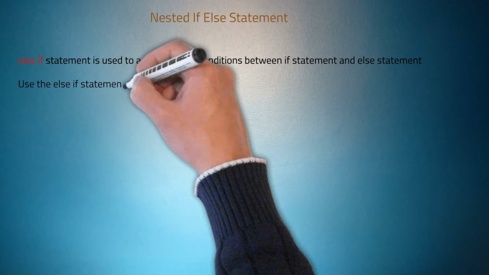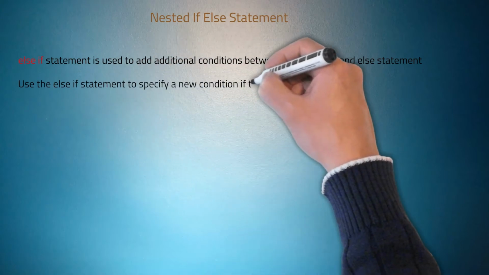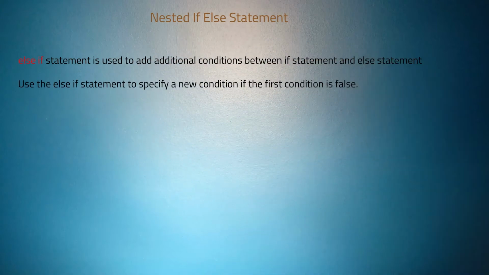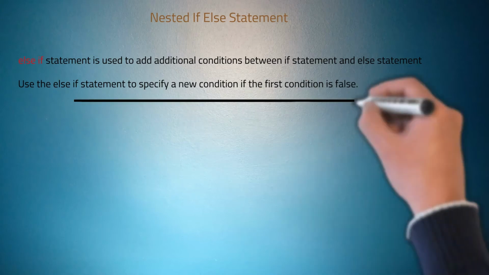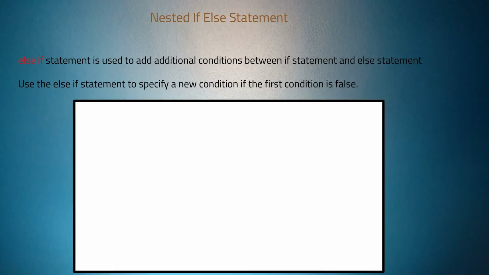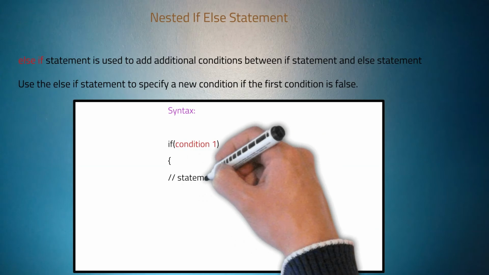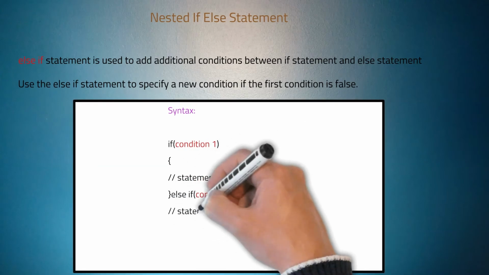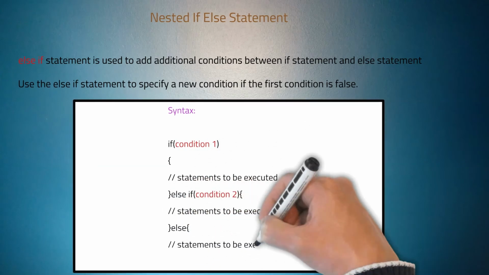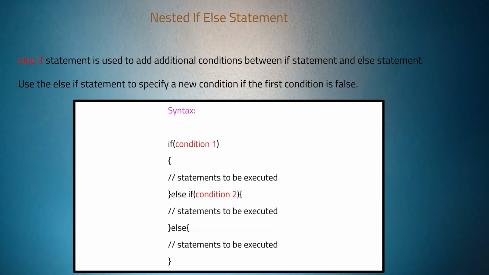Use the else if statement to specify a new condition if the first condition is false. The syntax of the nested if-else statement is if condition with statements to be executed, followed by one or more else if conditions based on requirements, and finally else with statements to be executed, just in case none of the above conditions are met.